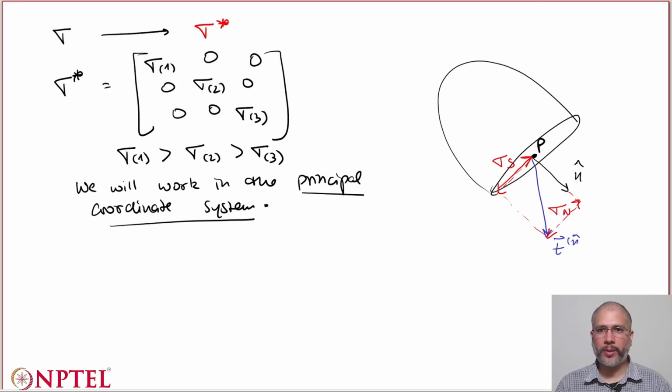So in this principal coordinate system, we'll write sigma n first. Now sigma n is a normal component of the traction vector Tn hat as shown in the figure. So the traction vector using the Cauchy stress principle gets written as sigma ji nj, and then when you dot it with a normal, you get an ni.